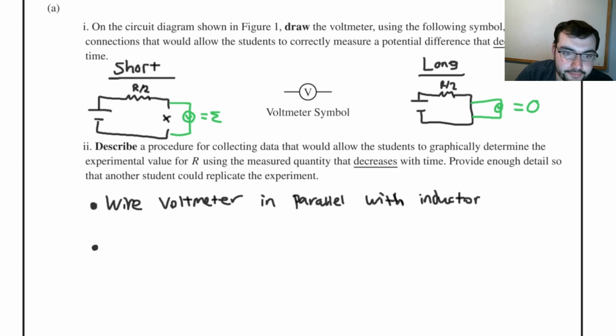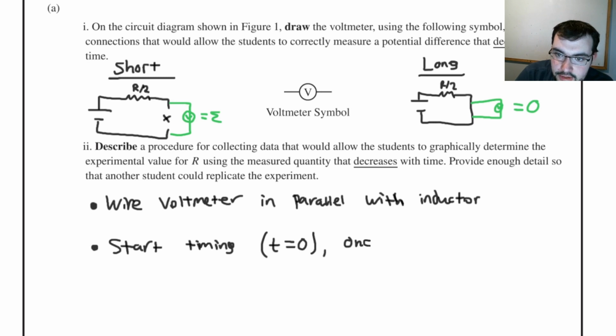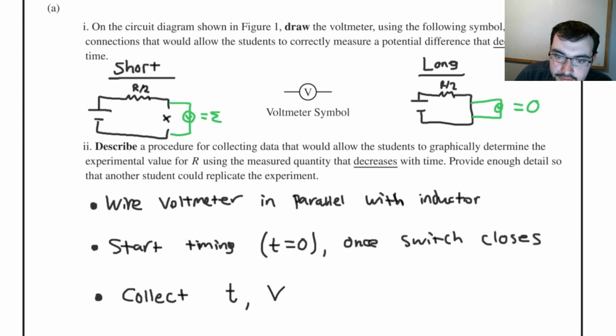Then start timing, t equals 0, once the switch closes. And then after that, you're going to collect t and V of t at regular intervals.